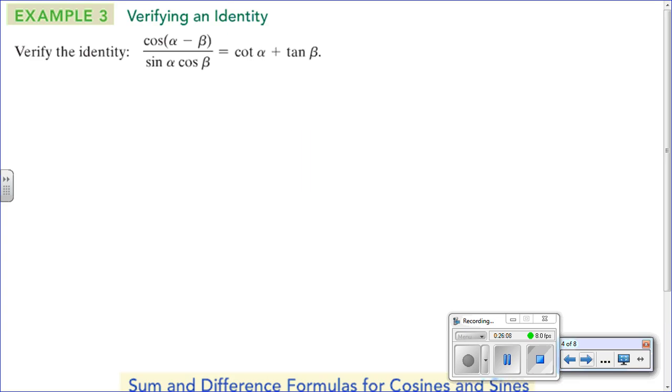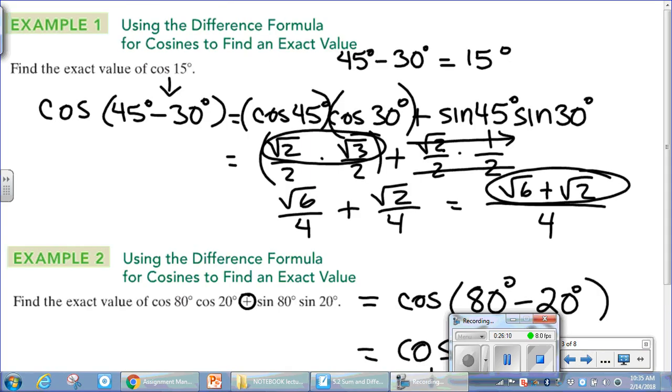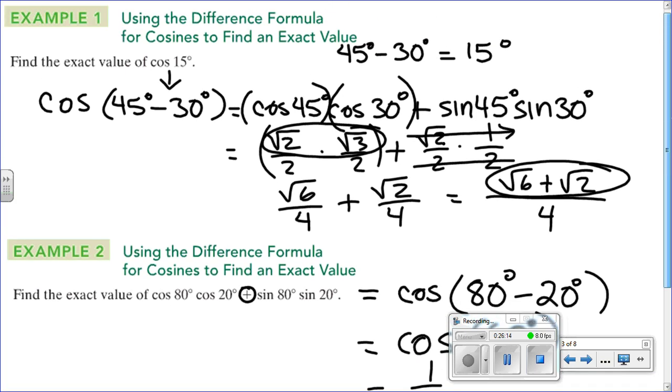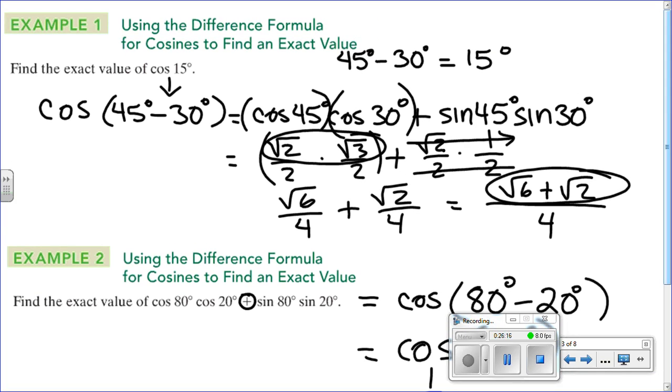Wait, so I have a question. For example 1, why did we have to do that whole thing on the right side, and then for example 2, we just type it in? Oh, okay, because from the formula on the first slide, in example 1 we're going from left to right, from a difference of 2 angles.